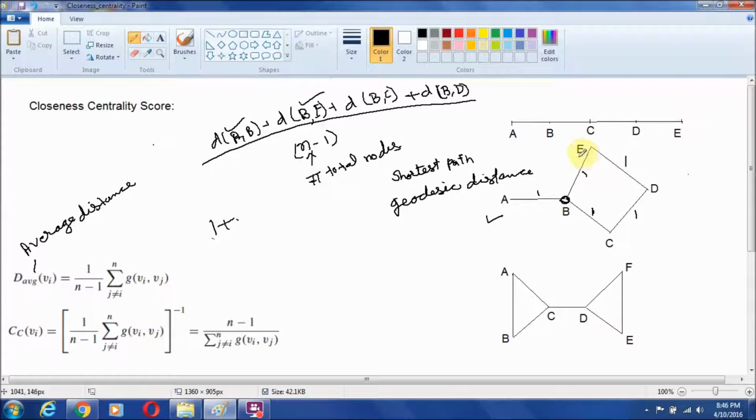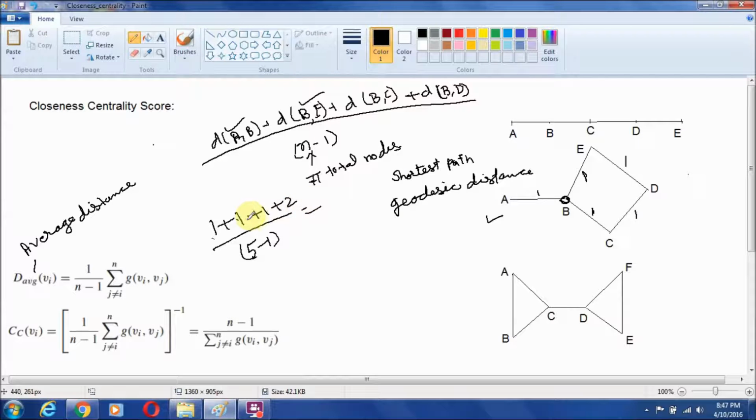Again, for BE and BC it will be 1, 1, and for B and D the shortest path will be through B to E and then E to D, so the total path length will be 2, divided by the total number of nodes in the graph, which is 5 minus 1.